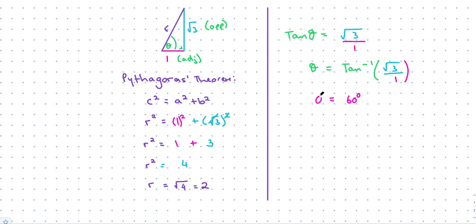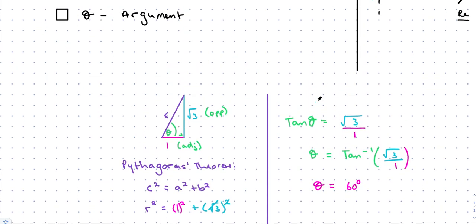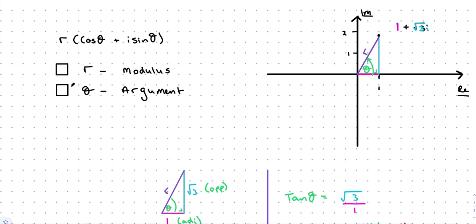So I now have the two pieces of information that I require to write anything in polar form. I do know the modulus and I do know the argument. And now I just piece it together using this formula. So it's going to go R by cos of theta plus I sine of theta. And be very careful, make sure you have your brackets, that's quite important.